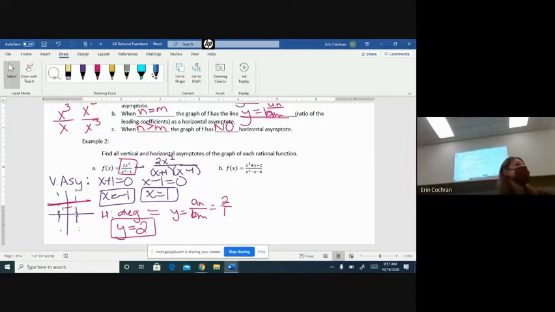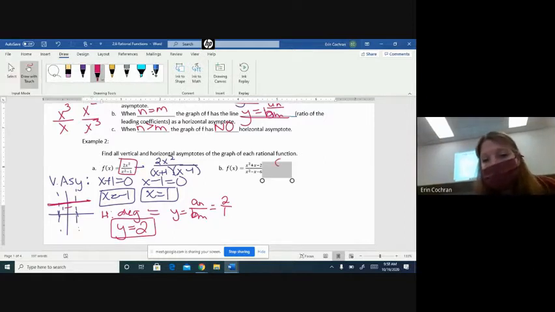How would that factor? How would the numerator factor? X minus 1 and x plus 2. What would my denominator factor to? X minus 3 and x plus 2.